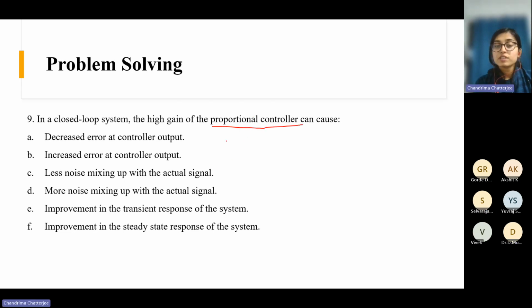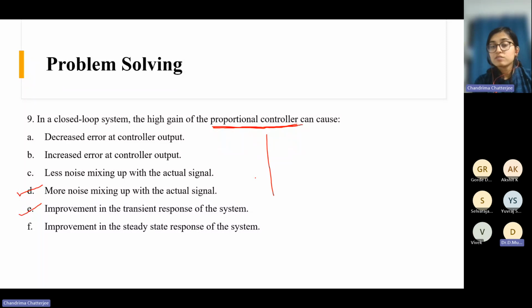Yeah, so if you increase the proportional gain, then your transient response will improve. That is one thing. But another thing is that more noise mixes with the actual signal, because if you increase the proportional control, then the attenuation will decrease, right?